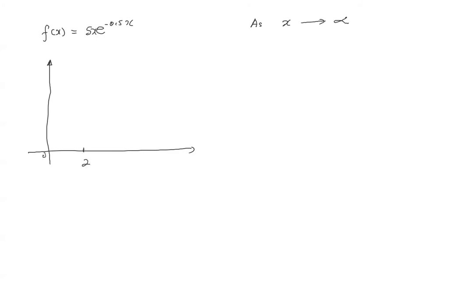One is the 2, the other one is the 4. So this is the highest point. There is a turning point, correct? Maximum point. And as x tends toward infinity, may I know what happened to e to the power of negative 0.5x?